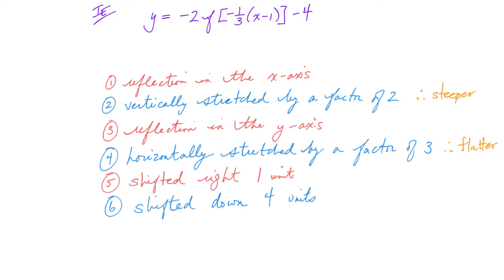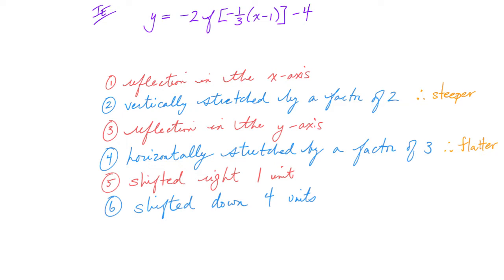And since I'm multiplying, I have a horizontal stretch by a factor of, and I need to remember that I've got that opposite operation there, so by a factor of 3. If I stretch it horizontally by a factor of 3, my resulting graph is going to be flatter.